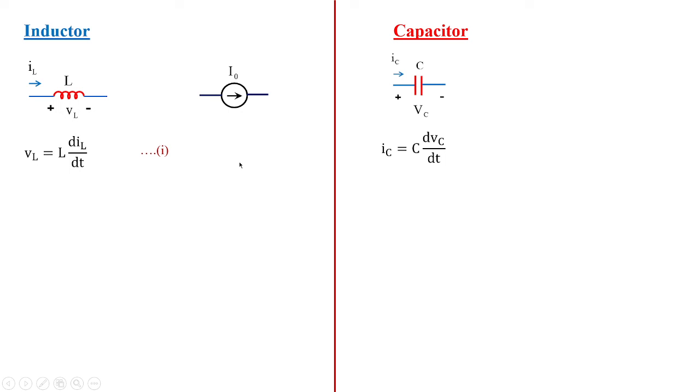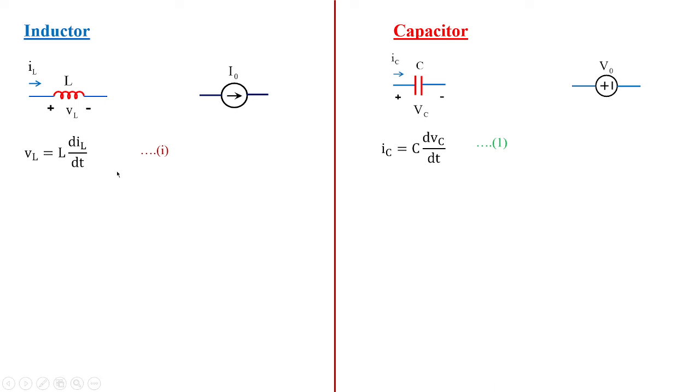You can cross check these two equations, where you can see the voltage developed will be equivalent to L di by dt across the inductor, and the formula for capacitor current would be equivalent to C dVc by dt. So this is how you need to remember the differential formulas of inductor and capacitor. And when the capacitor is completely charged, it behaves as a voltage source. So these two basics are important.